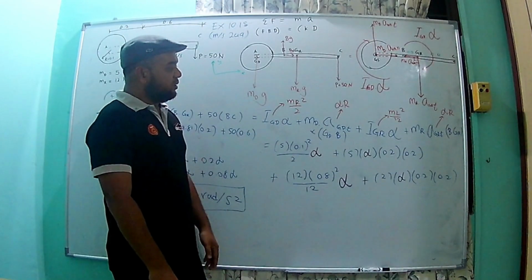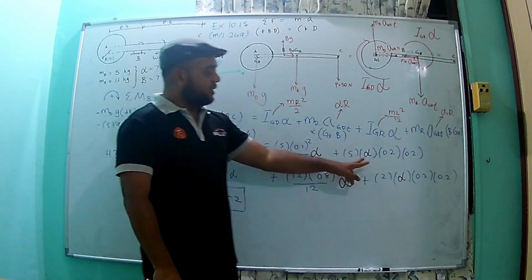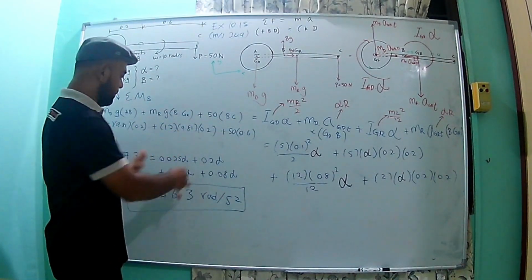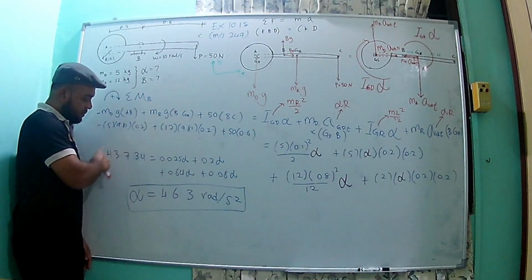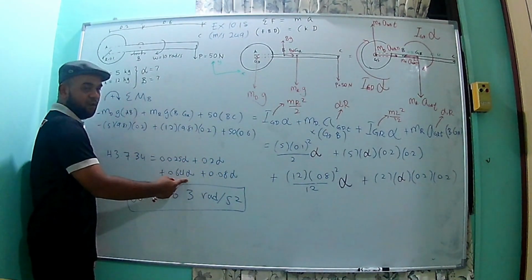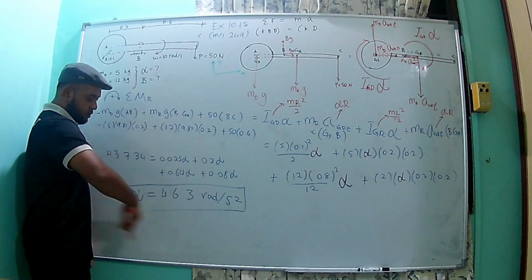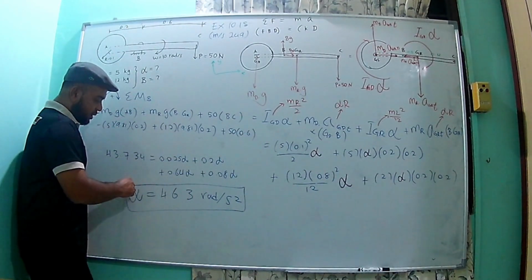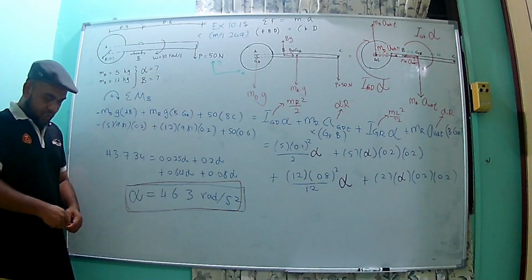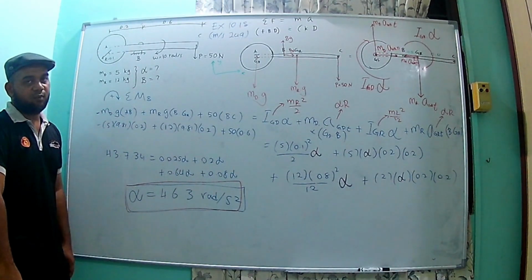You notice that you only have one unknown, which is alpha. This part is all numbers. So I simplified here: the numbers become this, and here we have the first, second, third, and fourth alpha terms. You solve this and you get the answer: alpha is 46.3 radians per second squared.